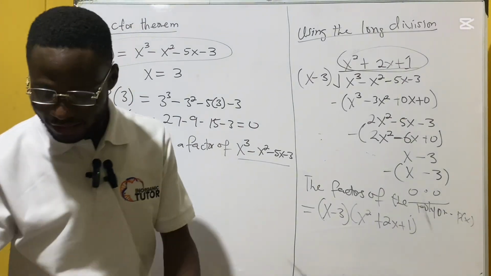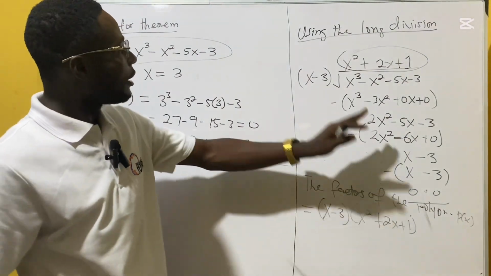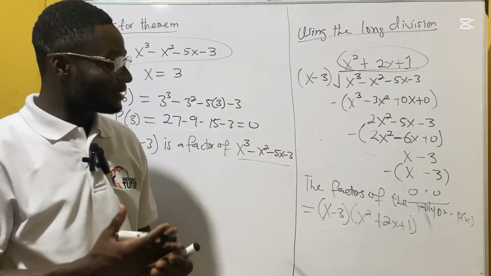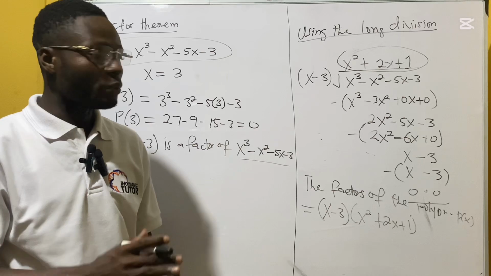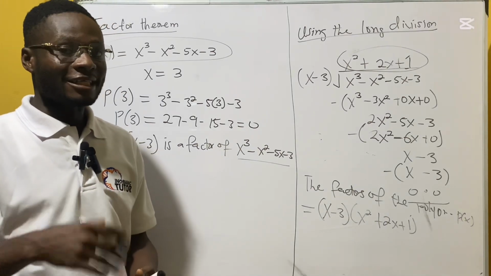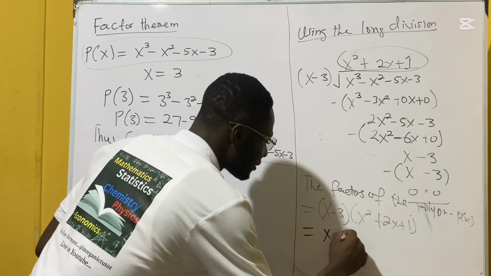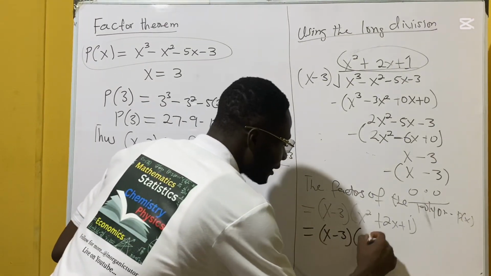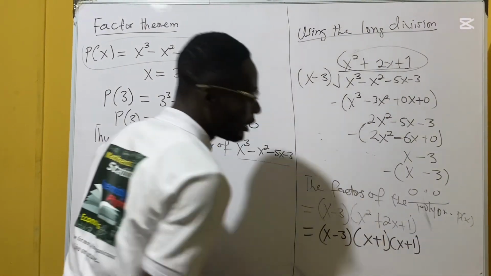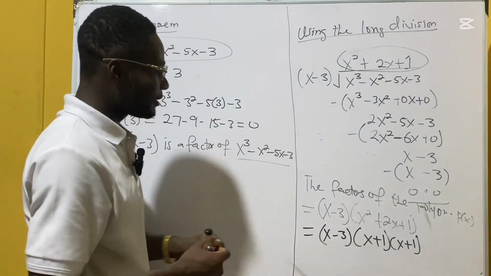These are the factors of this particular polynomial, but when we factorize x squared plus 2x plus 1, we will have a repeated root, which will be x plus 1, x plus 1. So that is going to be x minus 3, x plus 1, x plus 1. This is a repeated root, so we can combine that.